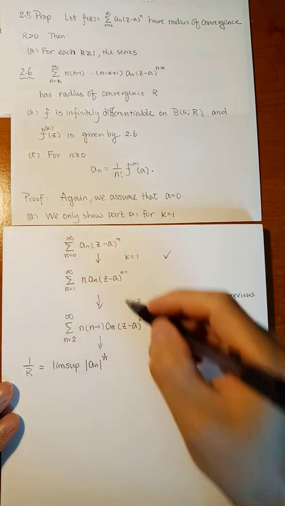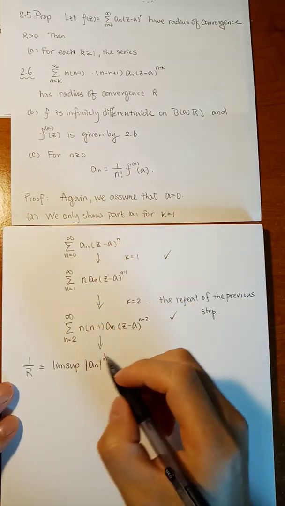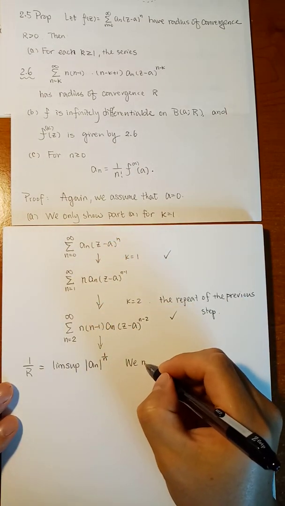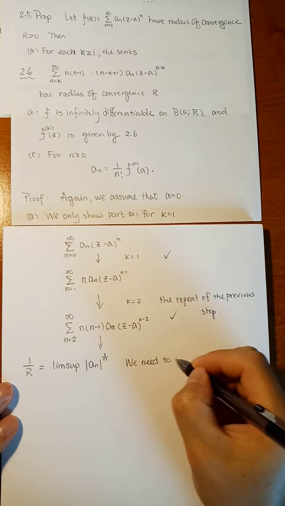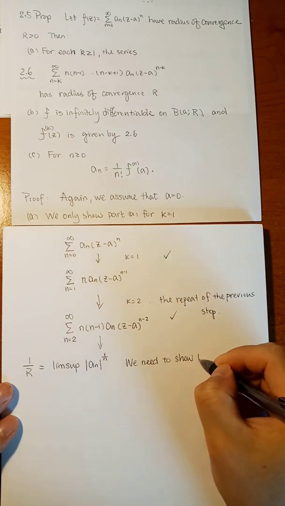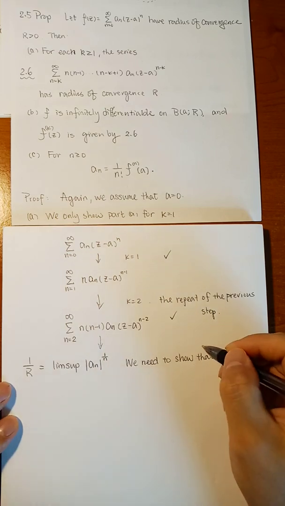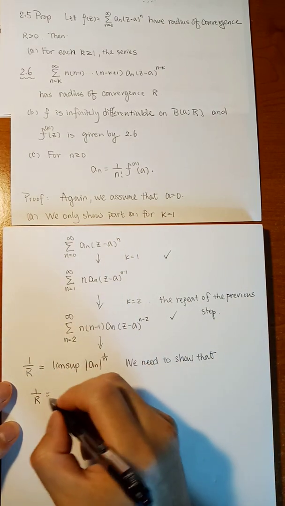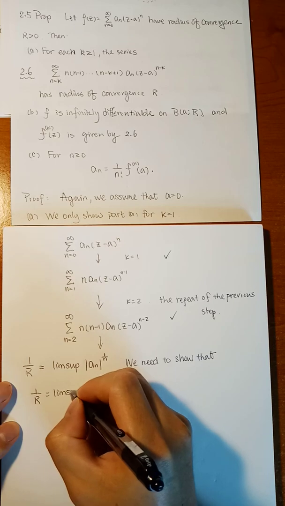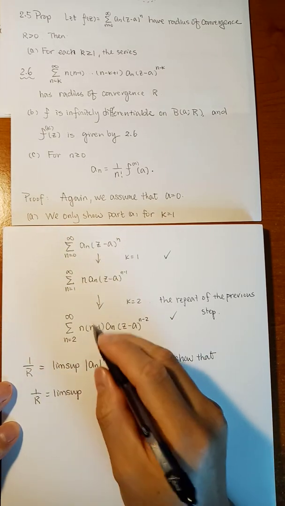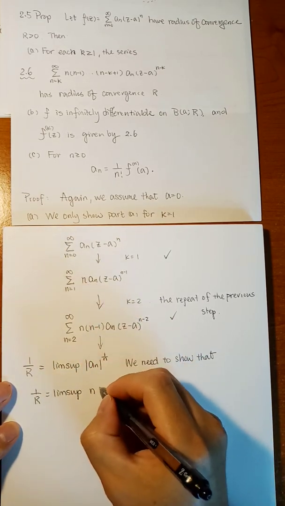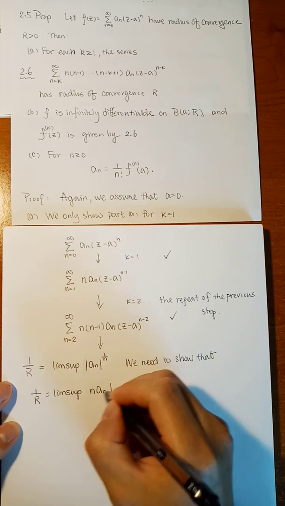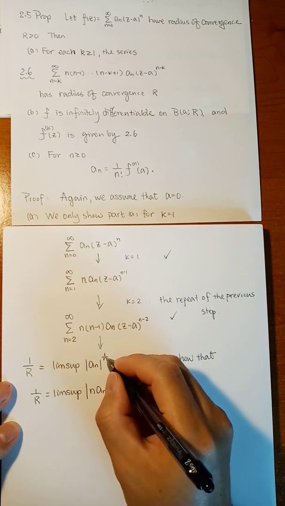Now we need to show that 1 over R is equal to the limsup of the absolute value of n times a sub n, to the power 1 over n.